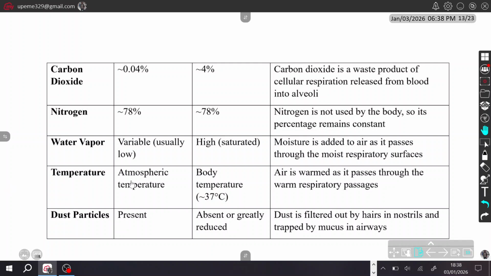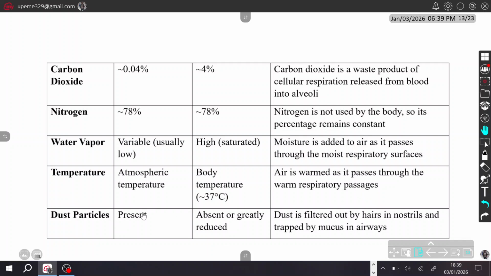Then temperature. The air that we breathe in is at atmospheric temperature. The one that we breathe out is at body temperature, which is 37 degrees Celsius. Why? Air is warmed as it passes through the warm respiratory passage. So in our body we are warm, and as air is moving out of our body, it is also being warmed.